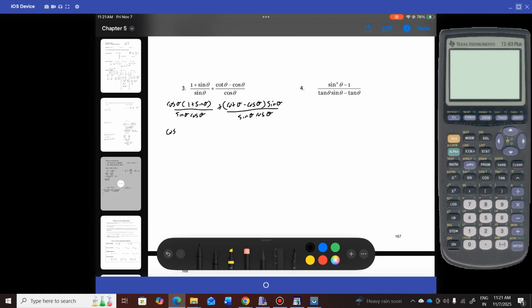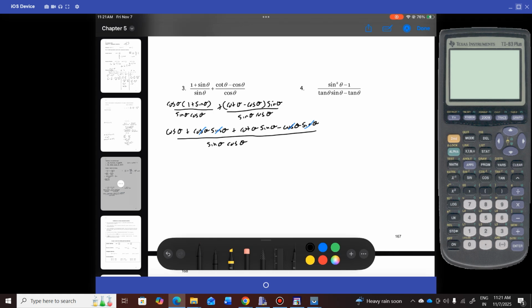So cosine theta plus cosine theta sine theta plus cotangent theta sine theta minus cosine theta sine theta, all over sine theta cosine theta. Okay, now we have cosine sine, negative cosine sine. These cancel with these. Okay, not with the bottom, but on the numerator they cancel each other. They add to 0.